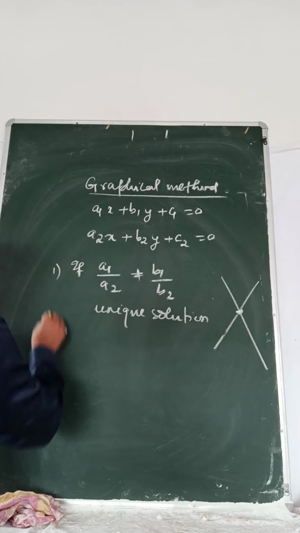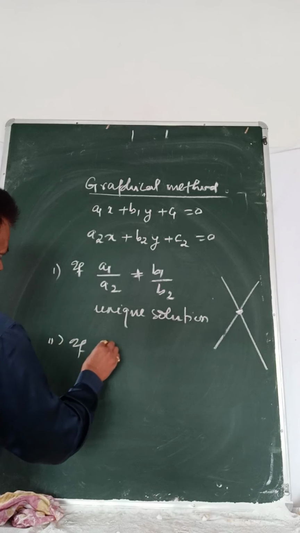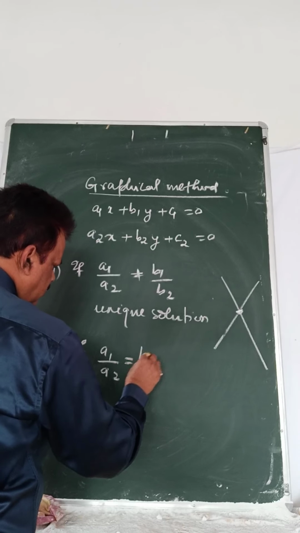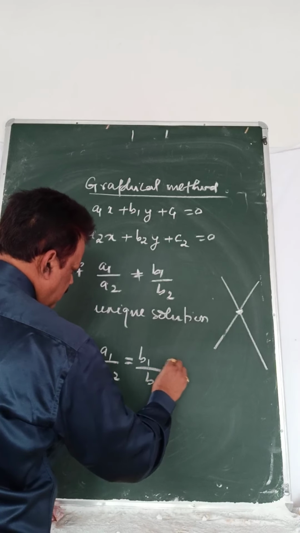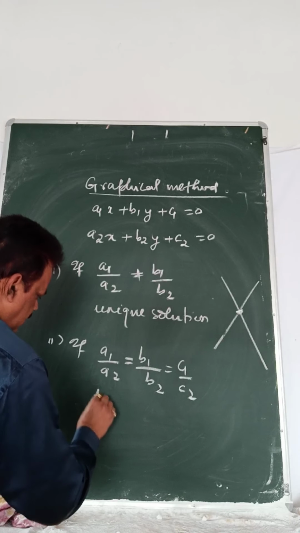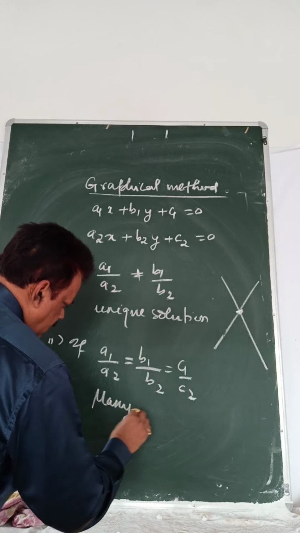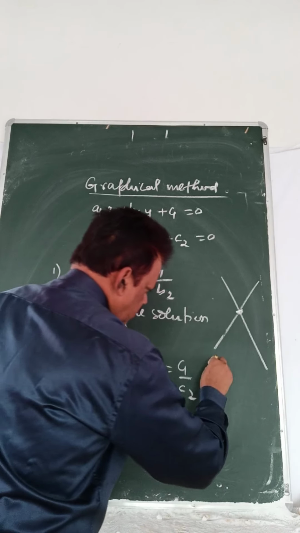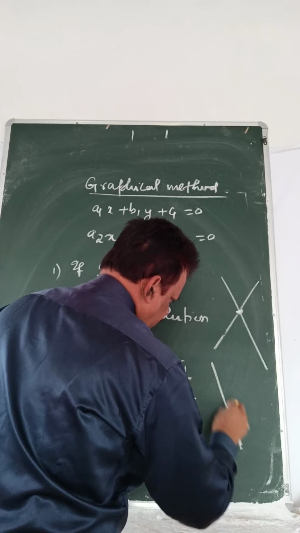And if a1 by a2 equals b1 by b2 equals c1 by c2, then there are many solutions, which means both lines will be the same.